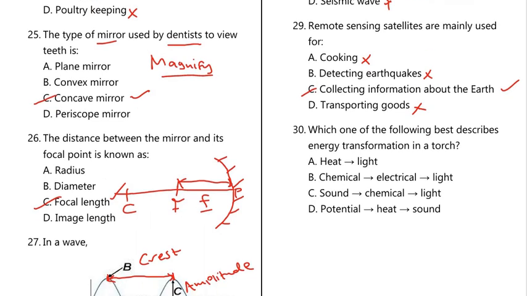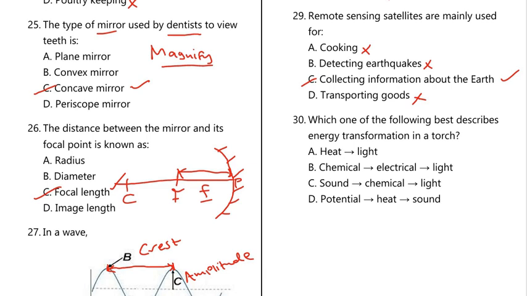30. Which one of the following best describes energy transformation in a torch? For this case, we are going to talk of a torch that uses a dry cell. That is the assumption, whereby we have chemical energy. So your choice must start with chemical energy, and we only have one choice starting with chemical energy. So that's the right choice. We have a dry cell, electrical wires, and then the bulb.